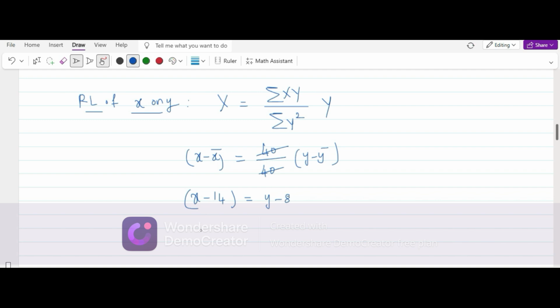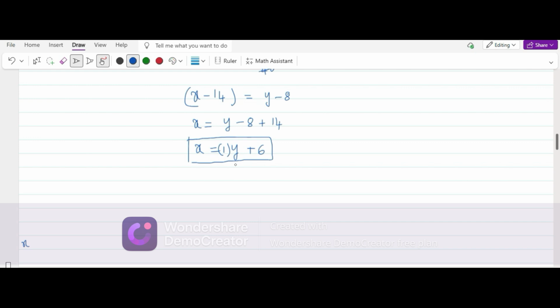If I bring this 14 to the right hand side, I will have x equal to y minus 8 plus 14. That is, x equal to y plus 6, right? 14 minus 8 is 6. So now tell me, what is the coefficient of y here? If nothing is written, it means 1, right?